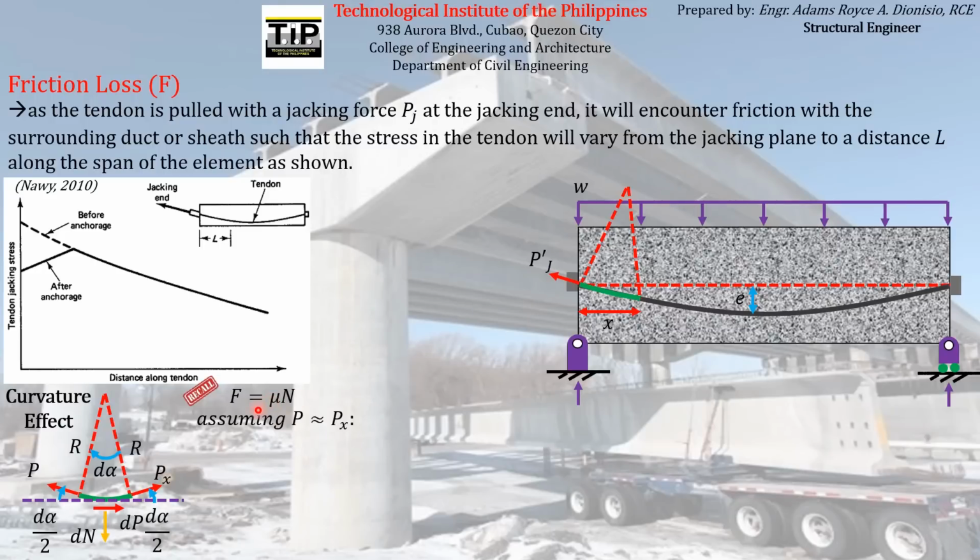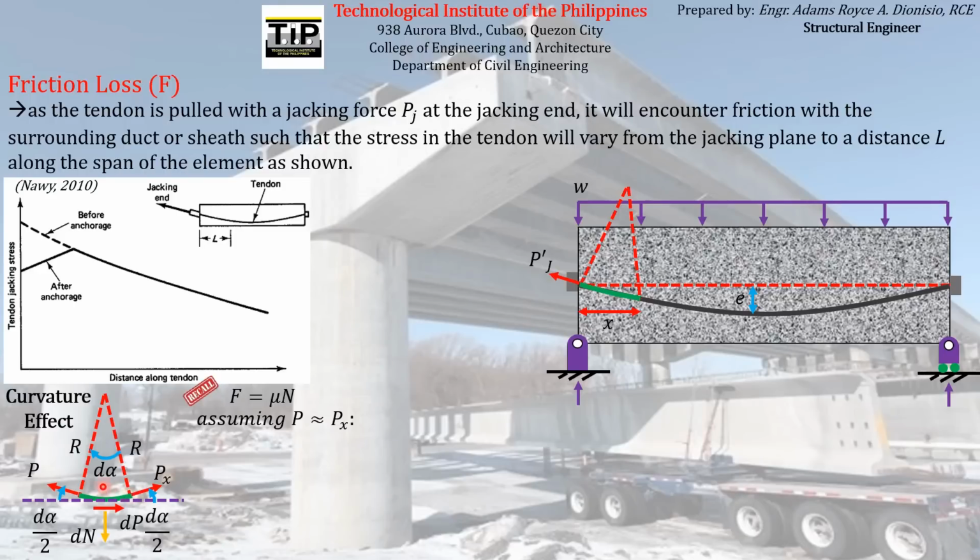So assuming that the magnitude of P here is just approximately equal to Px, since we are talking about differential lengths here. So if we are talking about differential lengths specifically, we can assume that the magnitude of the force acting on one end is just approximately equal to the magnitude of the force acting on the other end, because they have a very small discrepancy in magnitude.